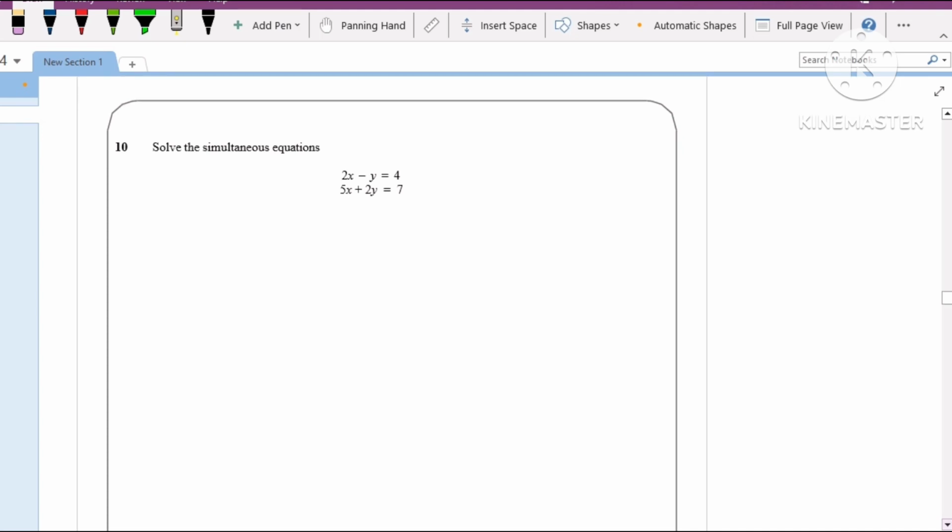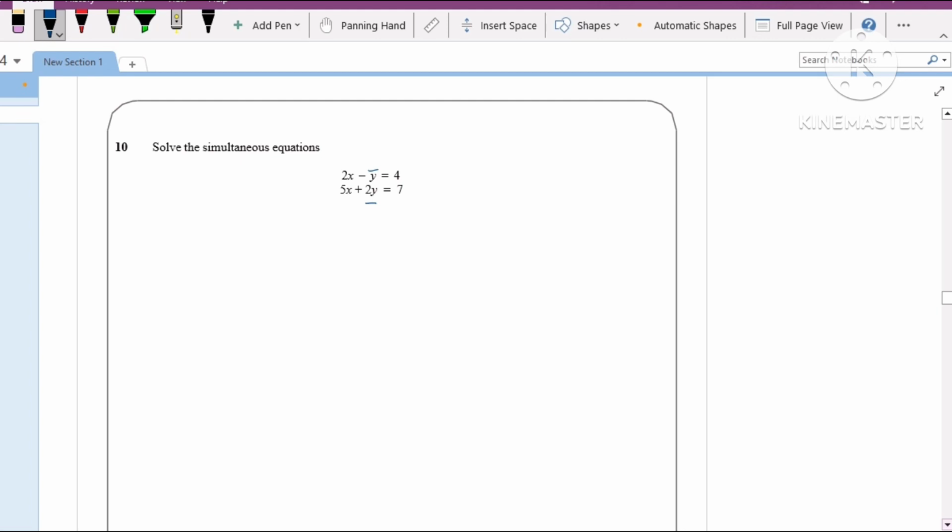We have 2 methods to solve these equations. One is the elimination method, where we have to equate the coefficients of any one of the variables, and the second is the substitution method. I will follow the elimination method here. Here we can see the coefficient of y is 2, and here the coefficient of y is 1.